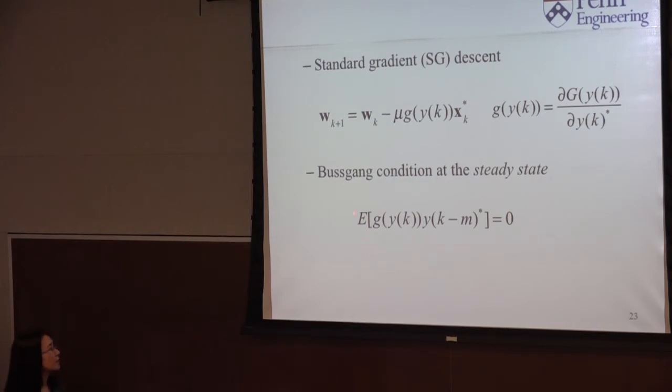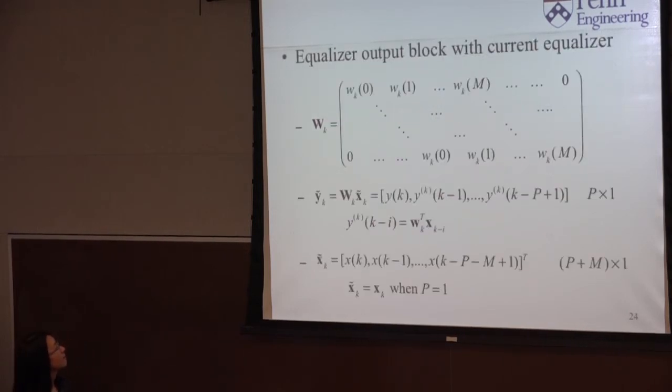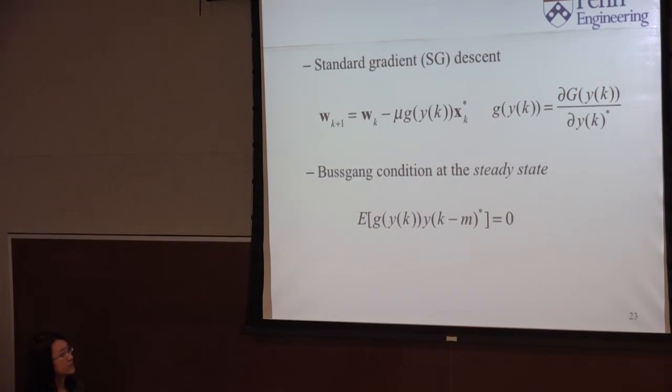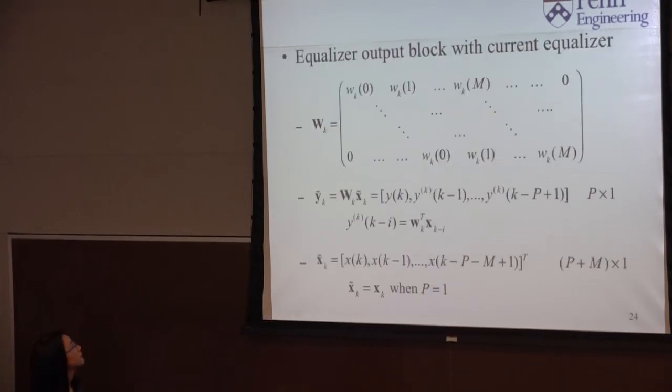That is called the Godard condition. That means at a steady state, the output and the nonlinearity of the output have their cross correlation expected to be 0 with any time lag. So with that Godard condition, we will explore how to use it to improve performance.